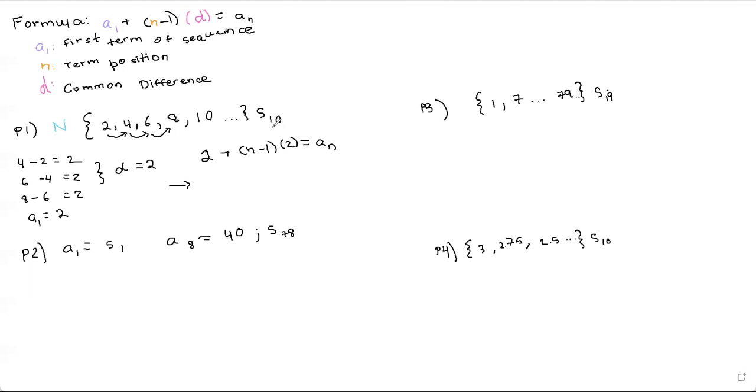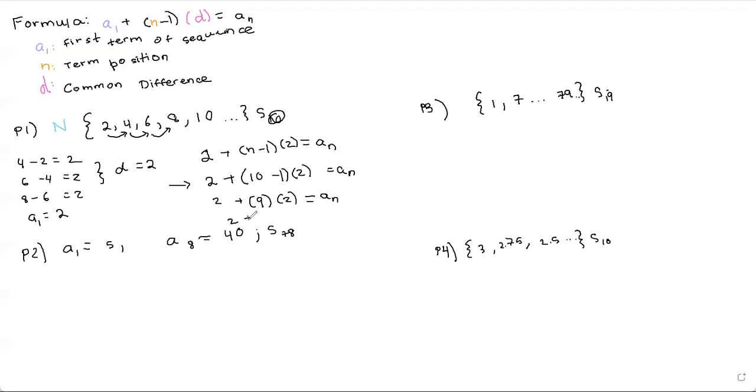Now we need to find the value of term 10. So it's 2 plus, we know the n value was 10, minus 1 times 2, is equal to an. Then 2 plus 9 times 2 is equal to an.